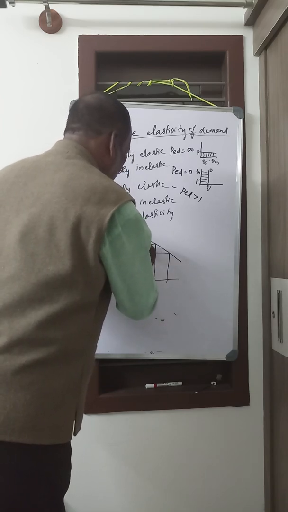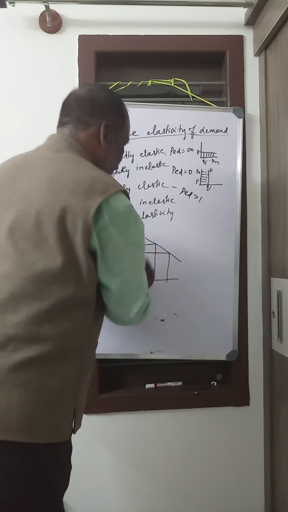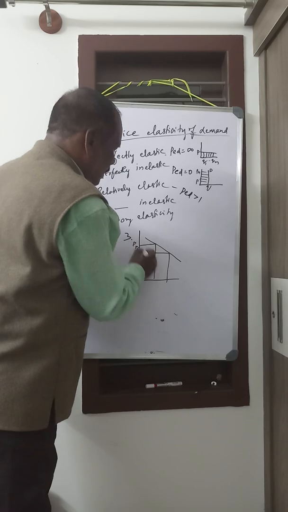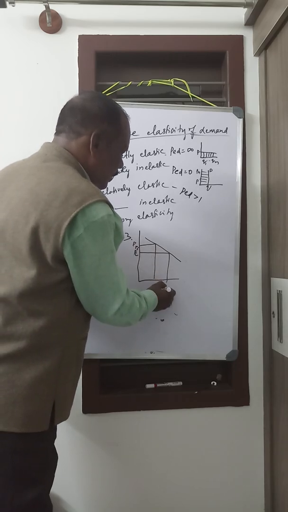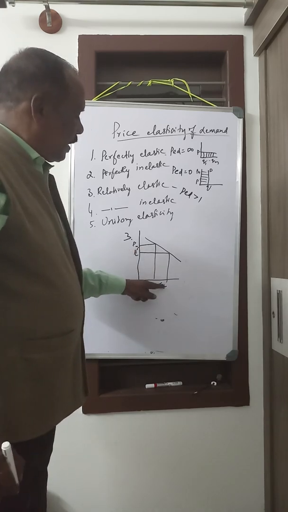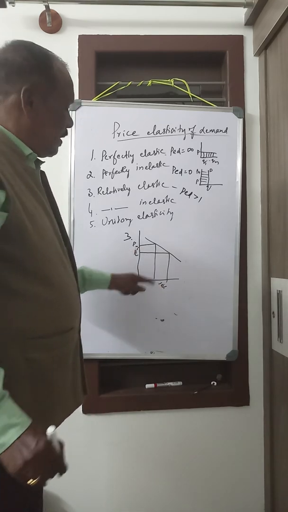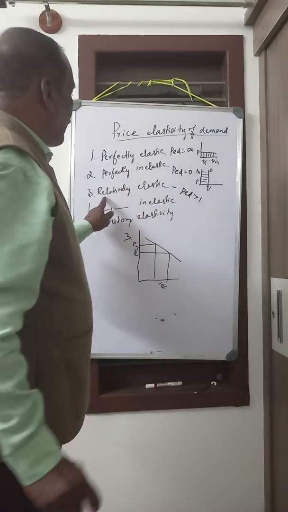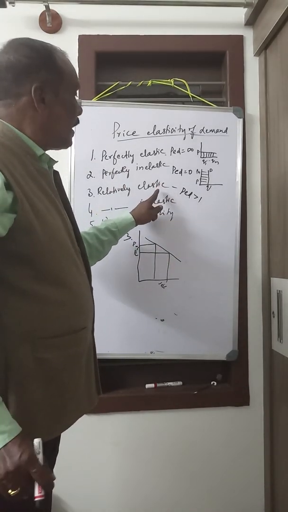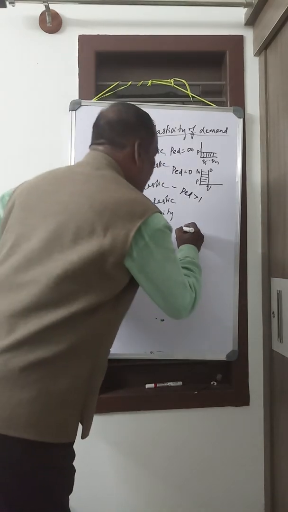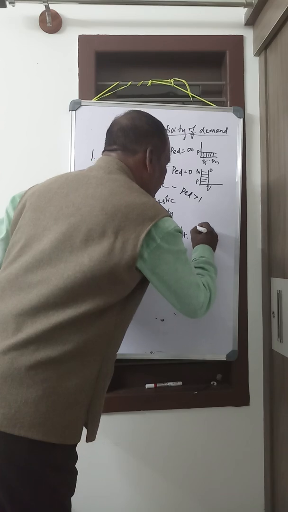See, price P1. So 5% change leads to 10% change in demand. 5% change in price leads to 10% change in demand. So this is called relatively elasticity of demand.